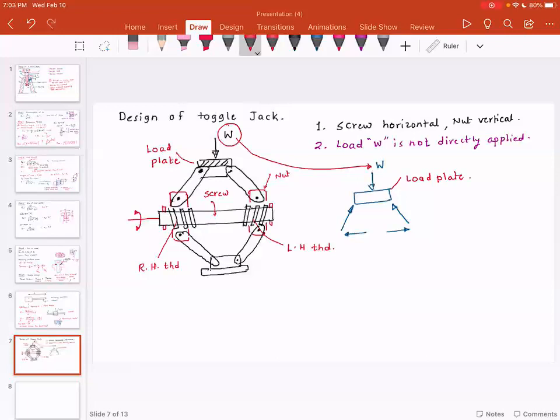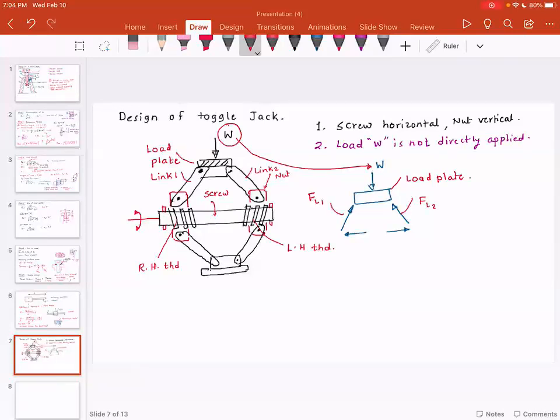Now this load plate takes that entire load, and this load plate is supported by two links. This is link 1 and link 2. So this is force in link 1. This is force in link 2.